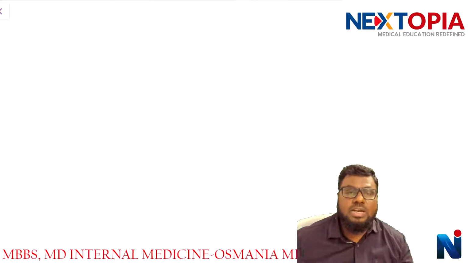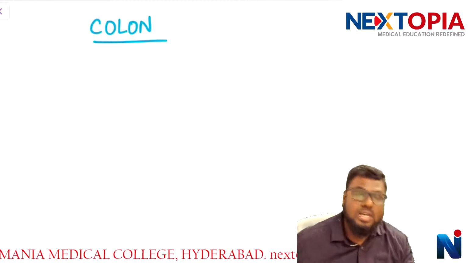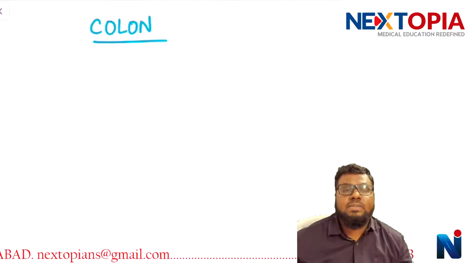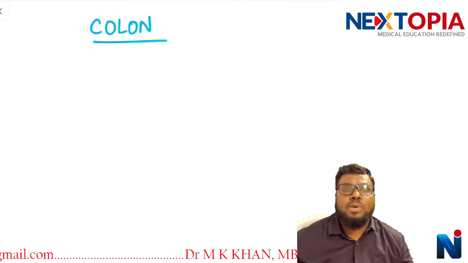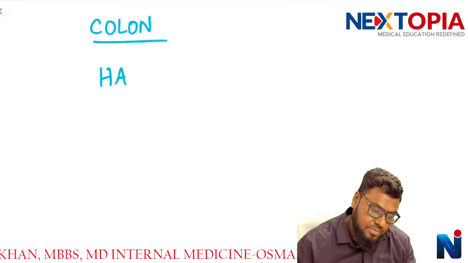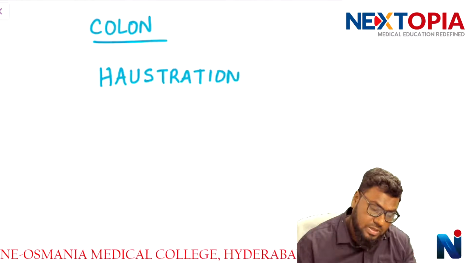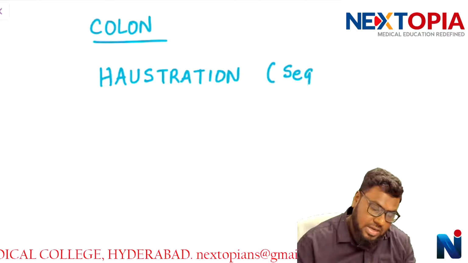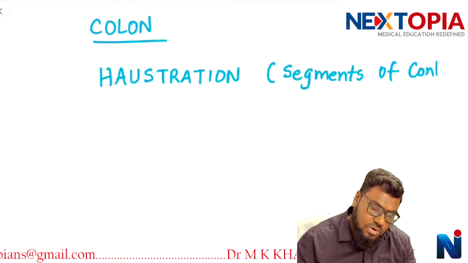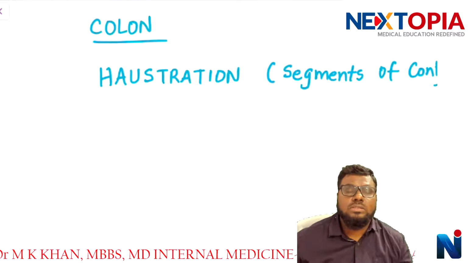Now let us talk about the motility of the colon. The colon has segmentations, and these segmentations undergo contractions and create what is known as haustration of the colon. These are nothing but segmented contractions. Segments of contraction of the colon are called haustrations.